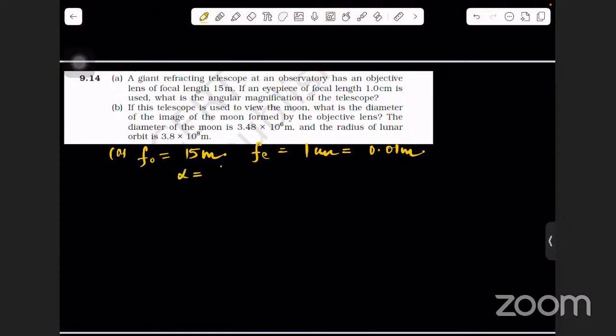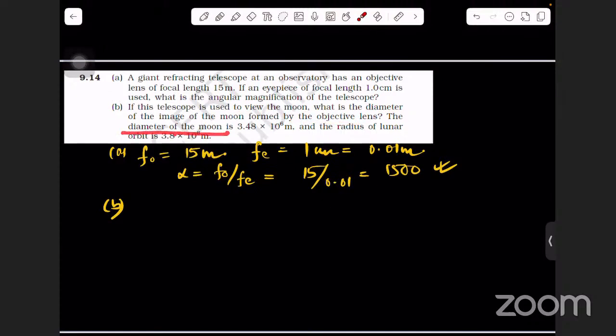Okay, again, magnification is f naught by fe, which is 15 by 0.01, which is 1500. All right. Now, the second bit: if this telescope is used to view the moon, how much is the diameter of the image of the moon? It's asking, given the diameter of the moon is this much, and the radius of the lunar orbit is this much. Okay.